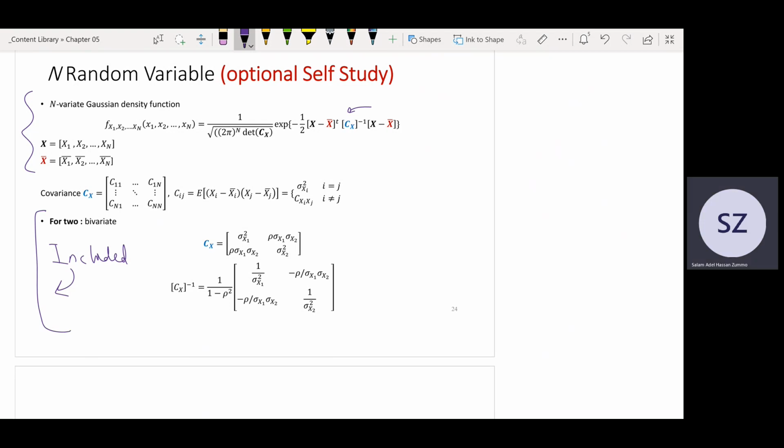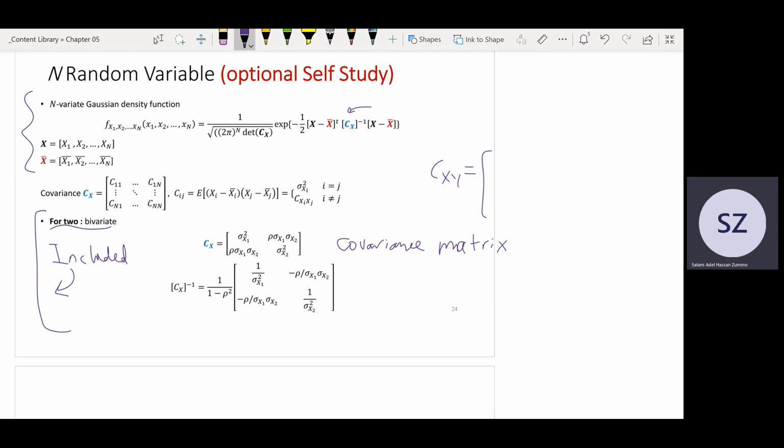From the two, for two variables, we can write something called the covariance matrix. What is the covariance matrix? The covariance matrix C, from its name, is a matrix.